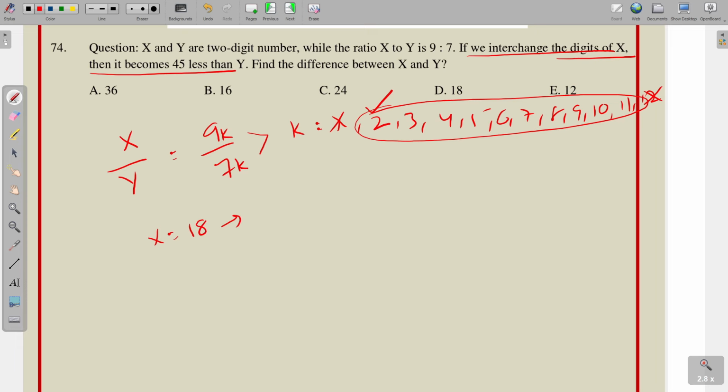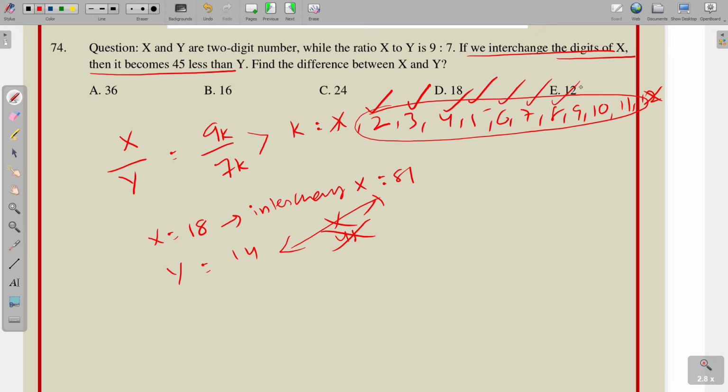In that, interchanging the digits, the interchange of X is 81. Now Y value is 14, but the difference is not 45. Like that, check each and every value; only one value is the answer for this question. What is that value?